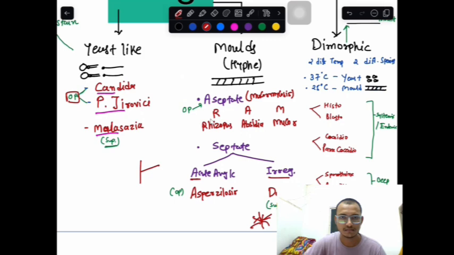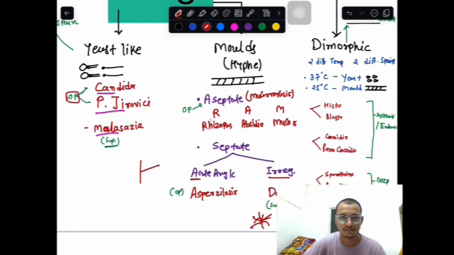So in the mold hyphae type, there are aseptate and septate. In aseptate there is RAM, aseptate mucormycosis. RAM means Rhizopus, Absidia, and Mucor. Septate has two types: acute angle branching is aspergillosis, and irregular branching is dermatophytes, tinea or ringworm.